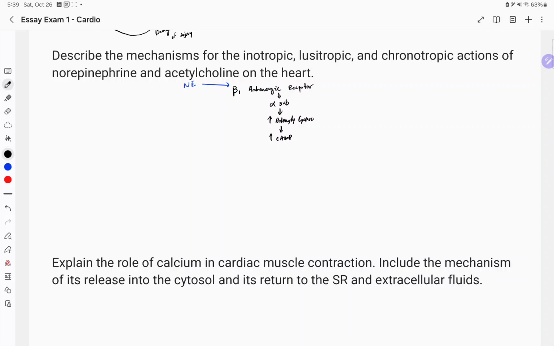And then that in turn is going to increase our protein kinase levels. And the kinase is going to phosphorylate 4 different things specifically here. I'm going to draw it out like this.